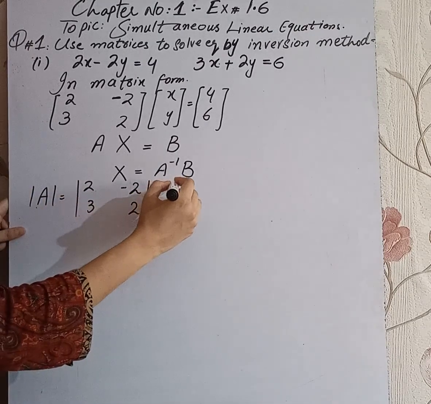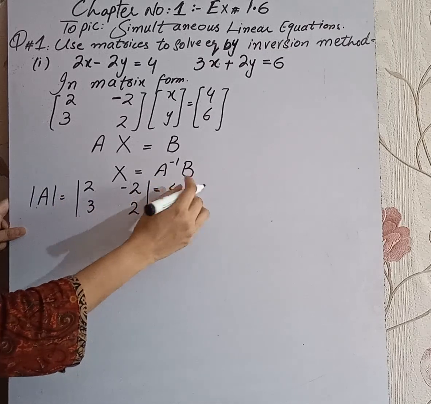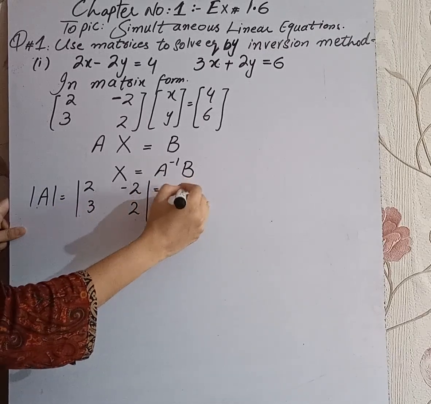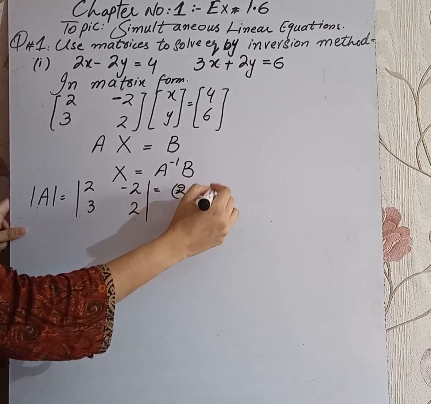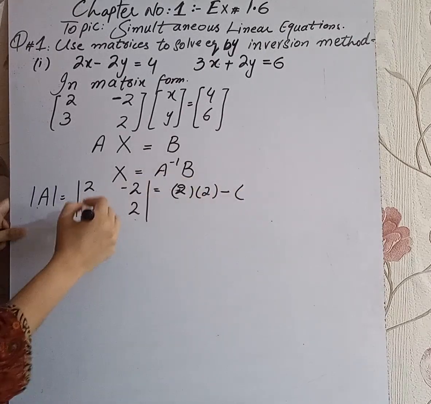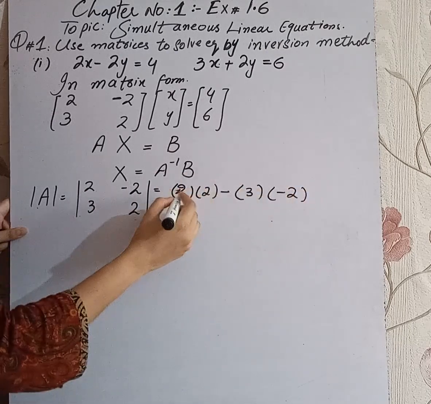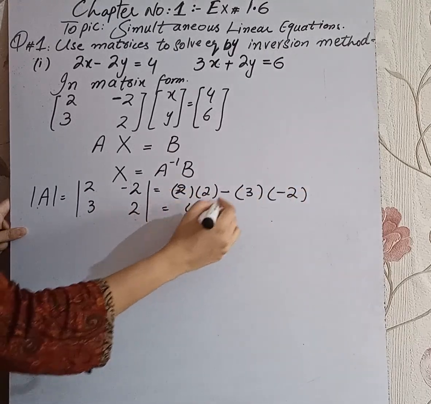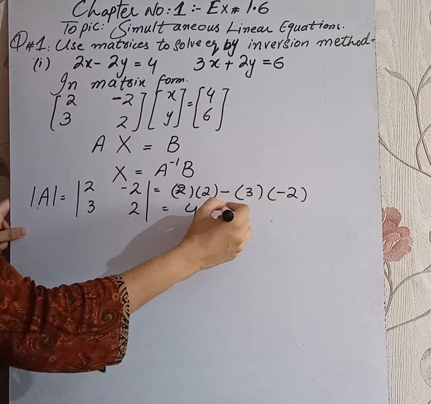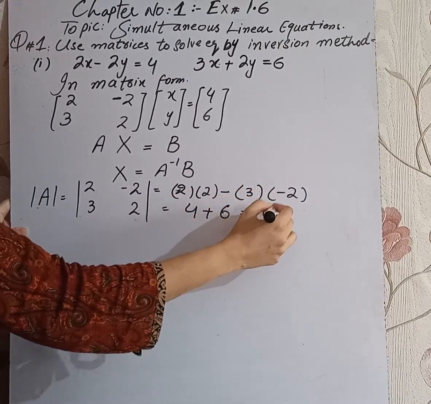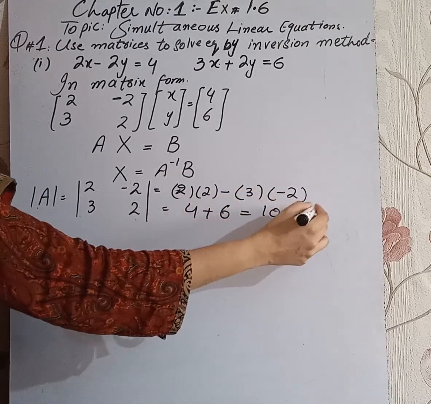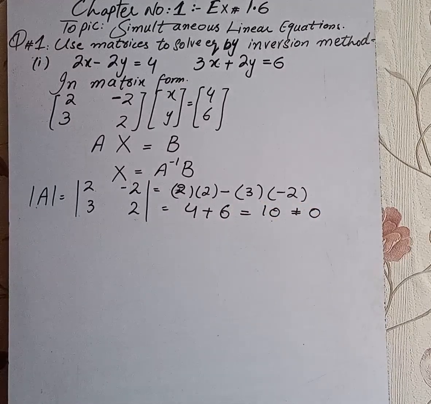So directly I am going to do 2 into 2 minus 3 into -2. That is 4 plus 6, equals 10, and this is not equal to 0. It means this is a non-singular matrix. We can solve this, so we'll continue from here.